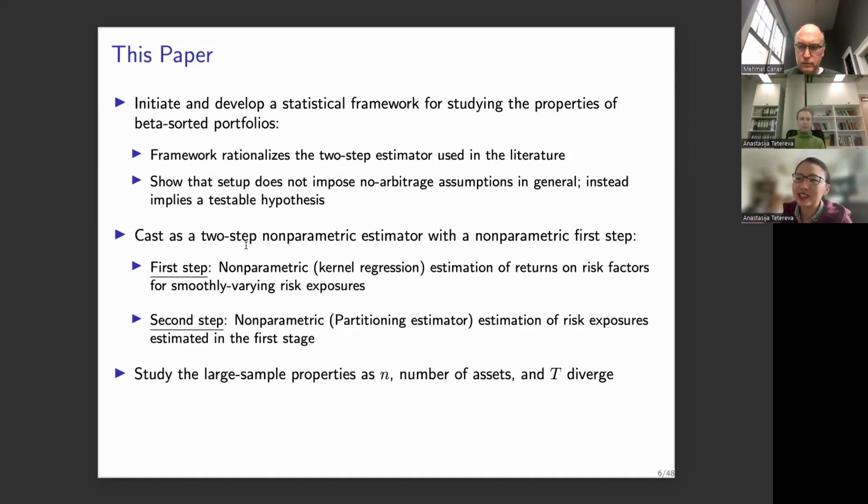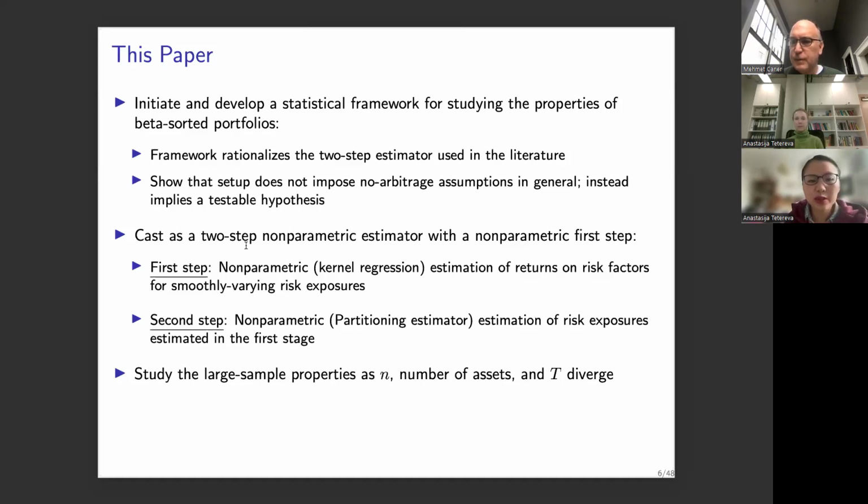Okay, question. It's from me. Yes, great. One question is this. This non-parametric two-step estimator, does it exist, or are you proposing this for the first time?